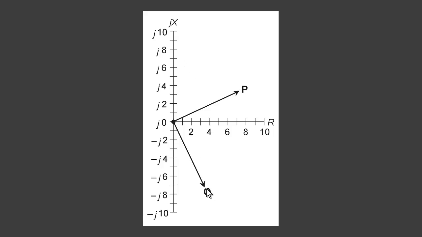The vector Q looks like about 3.5 ohms of resistance and minus J7 as the reactance, which would be minus J7 ohms of capacitive reactance. So mathematically we would combine this vector P, the number quantities here, to get roughly 7 plus J 3.5, and Q we would combine to get roughly 3.5 minus J7.